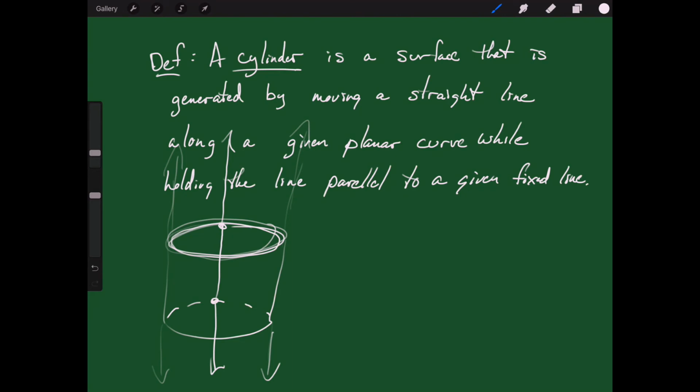Now, this is every bit as much of a cylinder. Let's take a straight line. Here's my straight line. And I want to move it along a parabola. If you move a straight line along a parabola, then it's going to give you something that looks sort of like all of these.